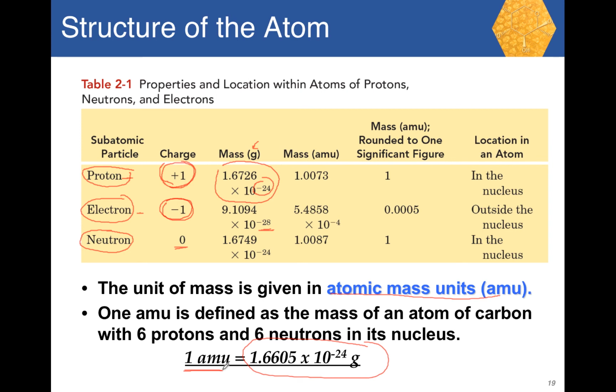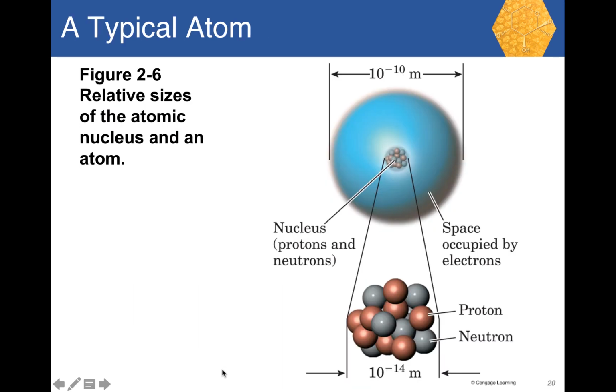Okay, let us continue and look at the structure of the atom. The structure of the atom looks like this. It's represented here. Imagine a sphere, such as a ball. In the center of that sphere is the nucleus, which has the protons and neutrons.